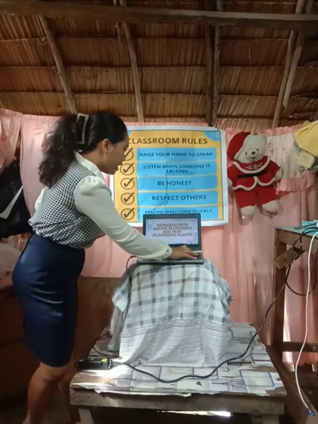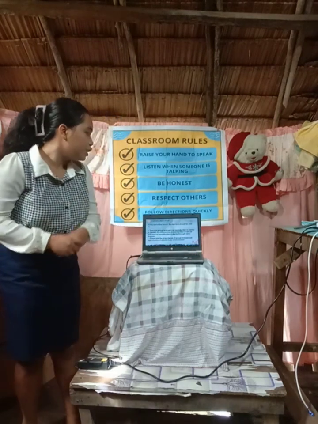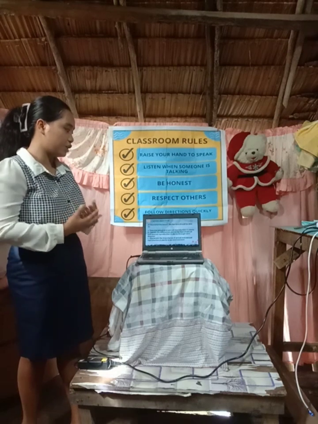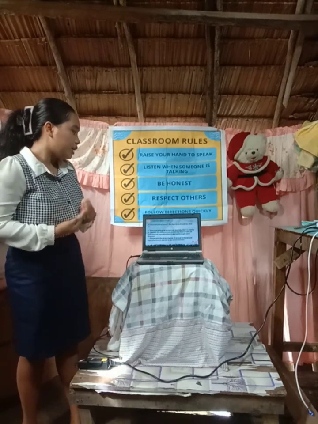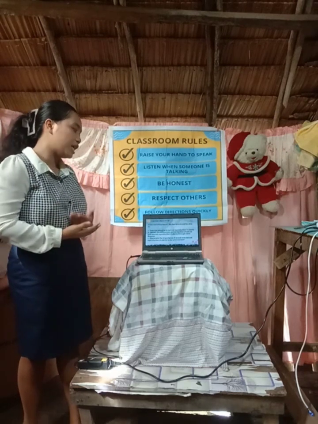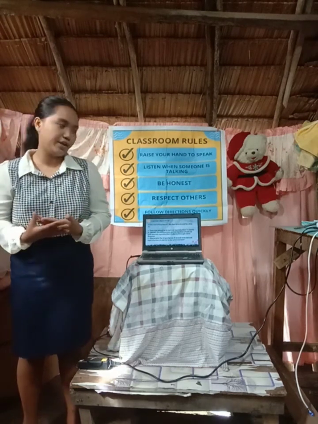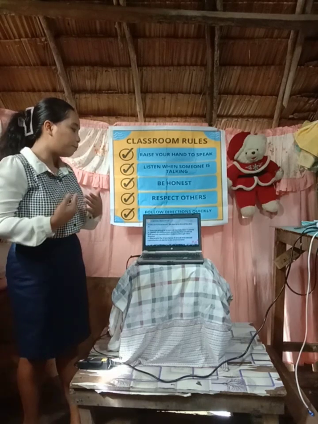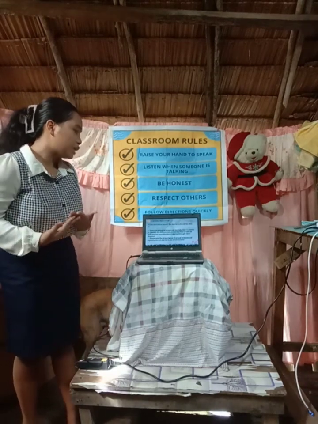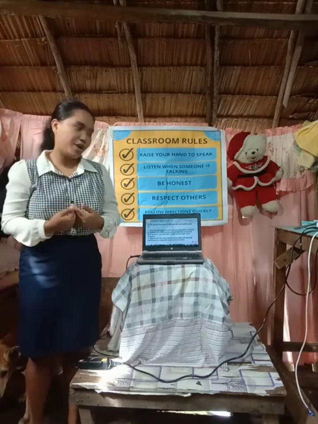At the end of the lesson, the learner should be able to describe sexual and asexual reproduction in plants, clarify the differences and similarities of sexual and asexual reproduction in plants through a Venn diagram, and appreciate the importance of sexual and asexual reproduction in plants to our environment.